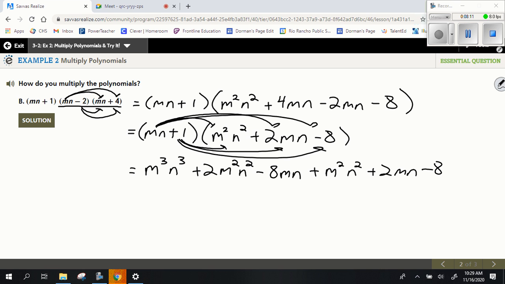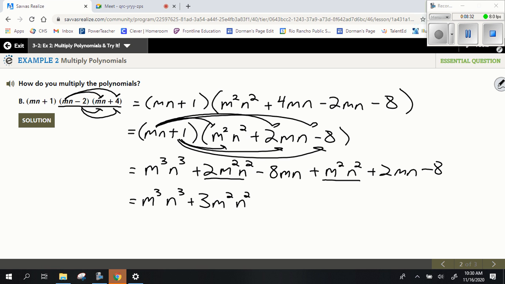Let's see if we can combine some like terms. It doesn't look like there are any m cubed, n cubed terms, right? But it does appear that there are 2 m squared, n squared terms. And we're going to add 2 and 1. So then we'll have 3 m squared, n squared.